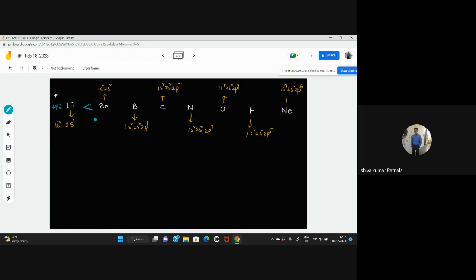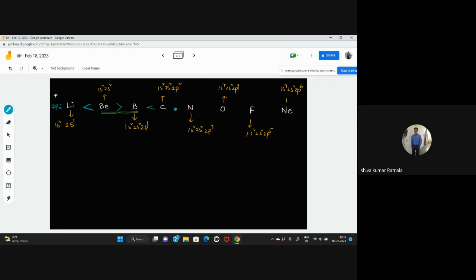Any doubt? From beryllium to boron also, IP value should increase. But here IP value will decrease. Why? So here we have an exception. Similarly, from boron to carbon, again it increases.